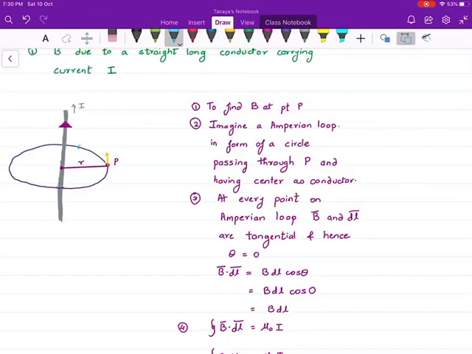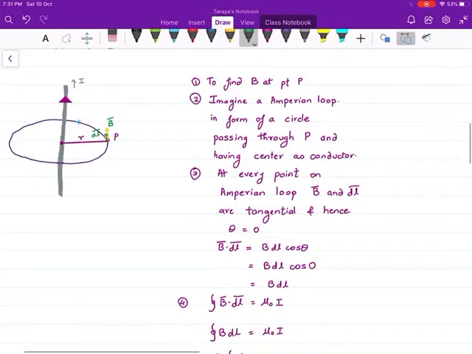And what about that small length dl? That dl is also a small length over here, so its direction is also tangential to this loop. So both B bar and dl bar are in the same direction. They are parallel to each other.